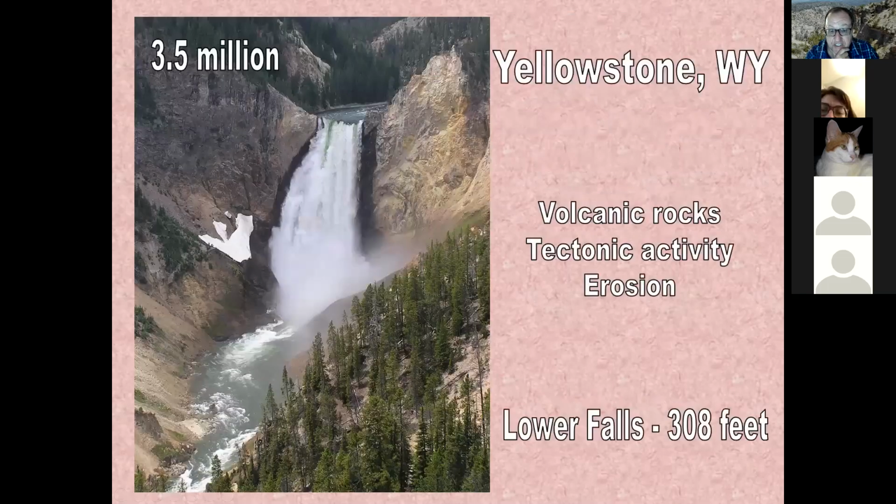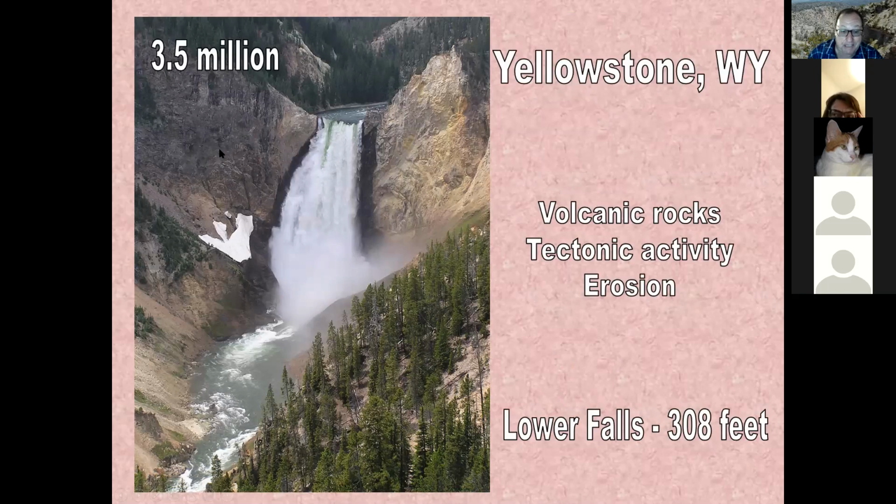geologic history also. Yellowstone in Wyoming, of course, is famous for a couple of different things. The waterfall, for example, is 308 feet high. It does have volcanic rocks, fairly young in age when we talk about the age of rocks.